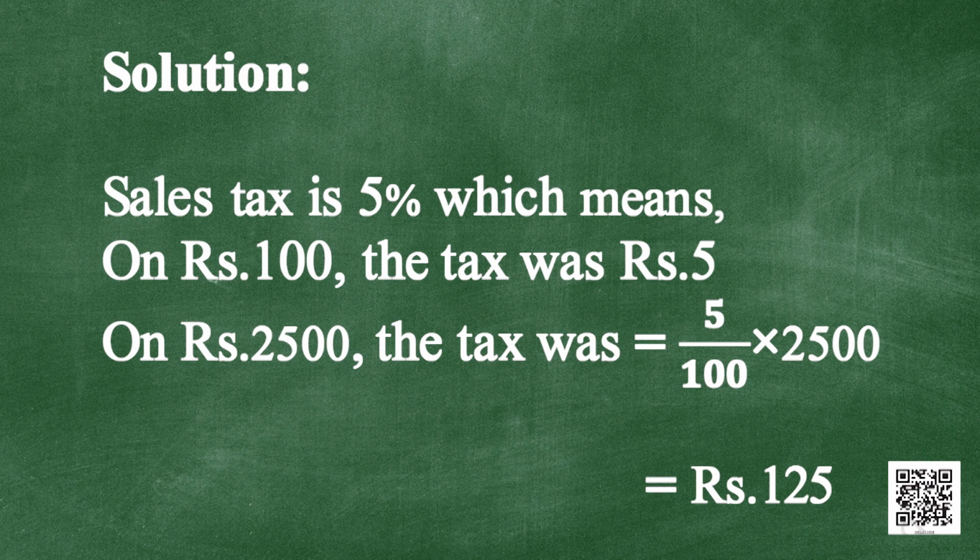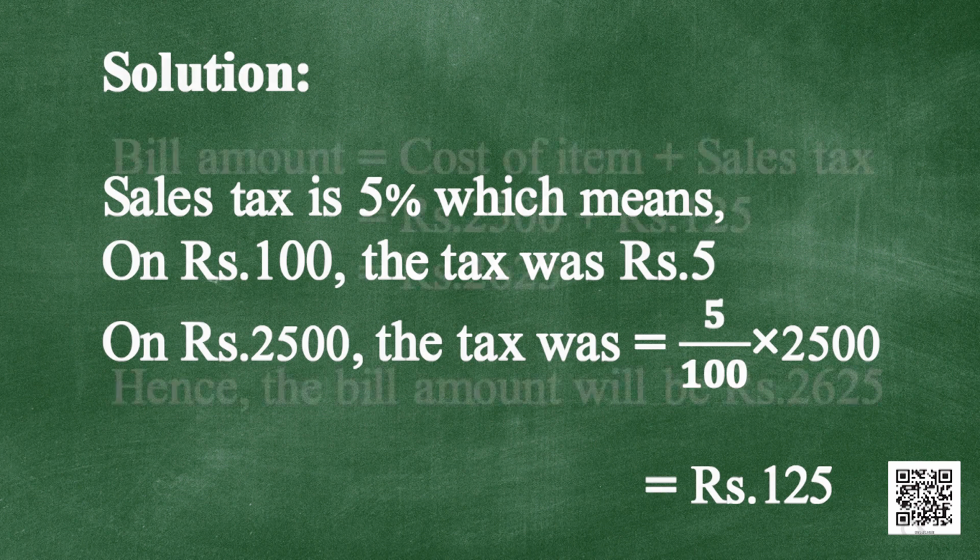Students, observe the sales tax, which is 5%. That means on rupees 100 the tax was rupees 5. Therefore, on rupees 2500 the tax was 5 divided by 100 multiplied with 2500. On simplification, we get this as rupees 125.